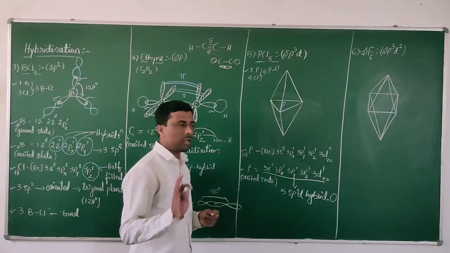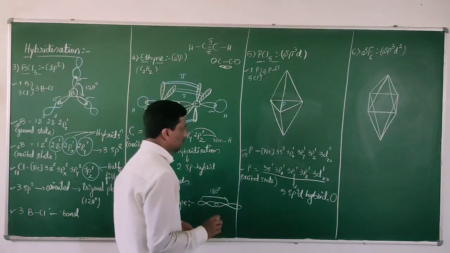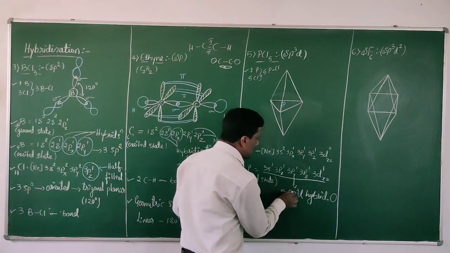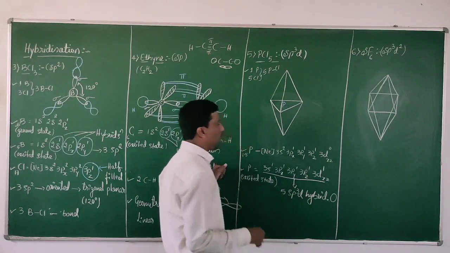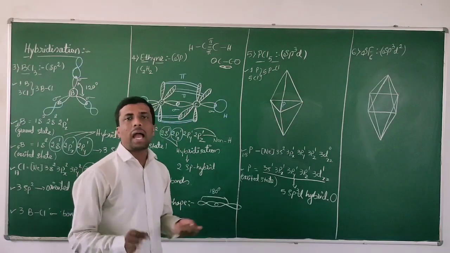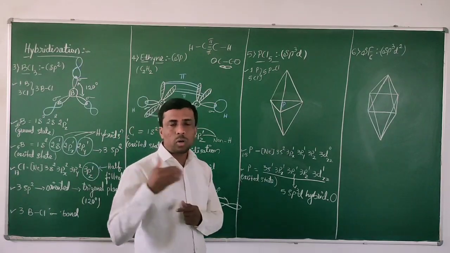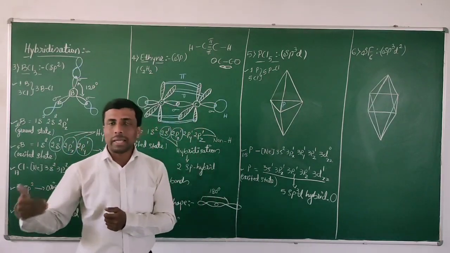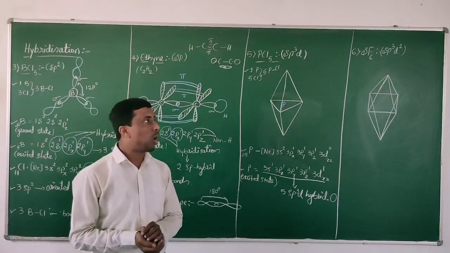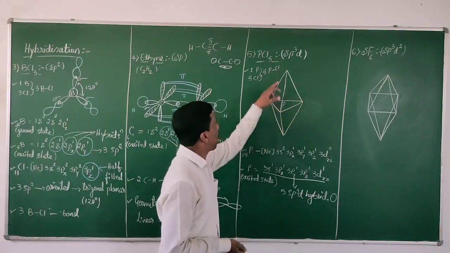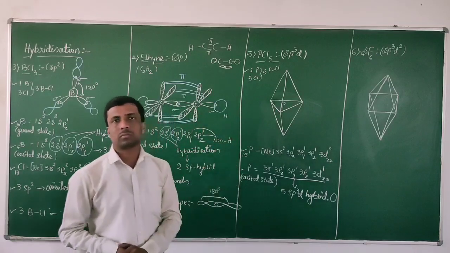Okay, is this clear? These 5 sp3d hybrid orbitals are oriented towards the corners of a trigonal bipyramidal shape.